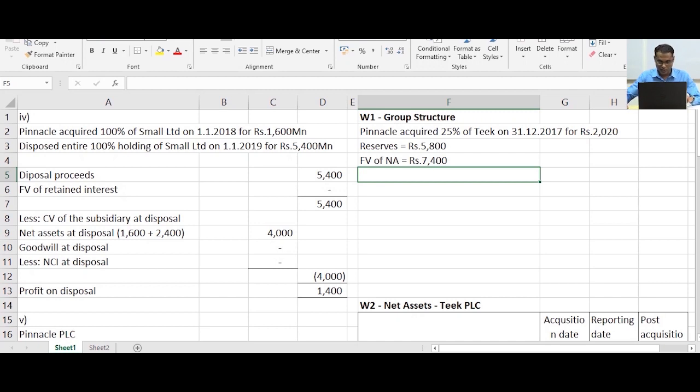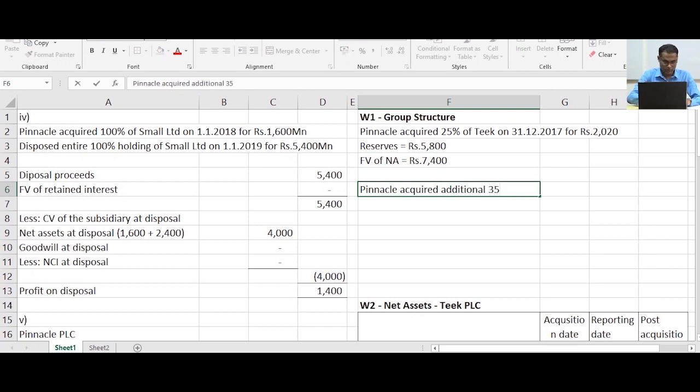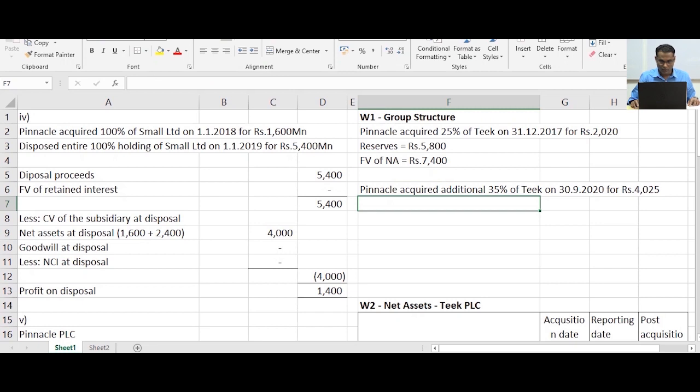So Pinnacle acquired an additional 35% of Teak on 30th September 2019 for rupees 4,025 million.